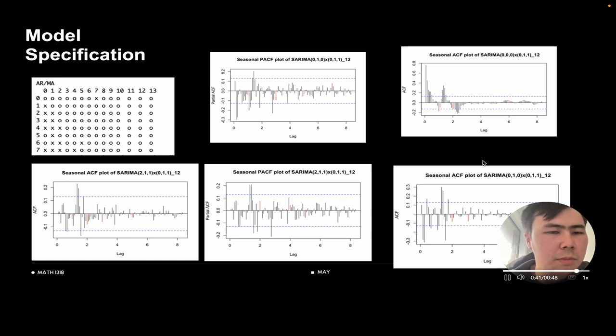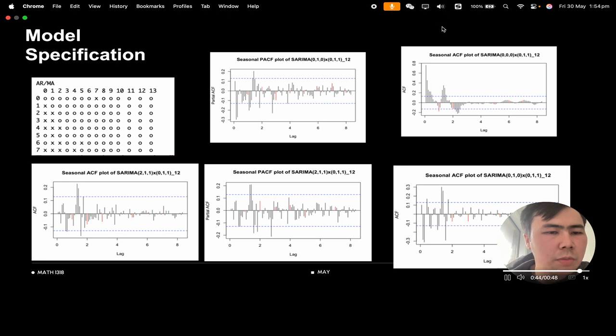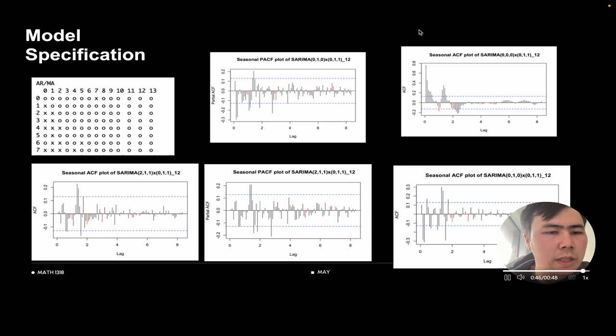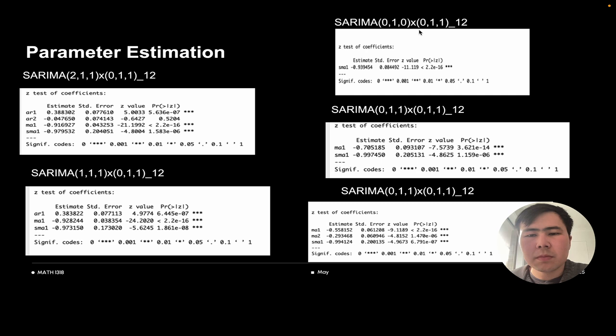The first model can be (0,1,0), then the next one will be (1,0,1), and the next one will be (0,1). After model fitting, we can check which model parameters are significant. In our first model, the seasonal MA part is significant, which is below 0.05. In our next model, both the ordinary MA and seasonal MA are significant.